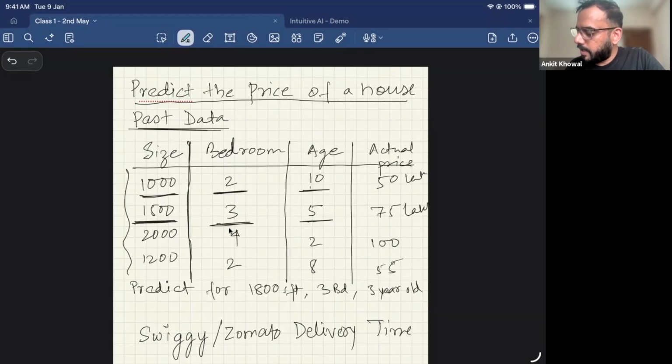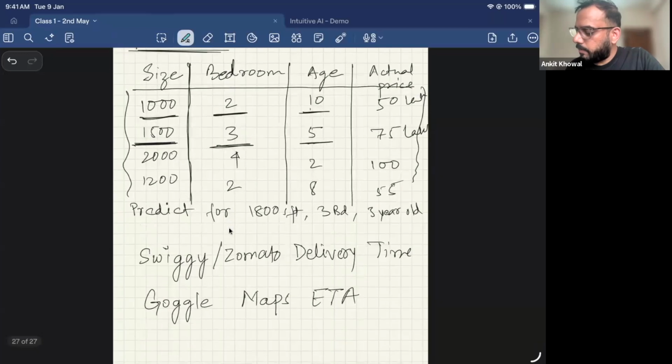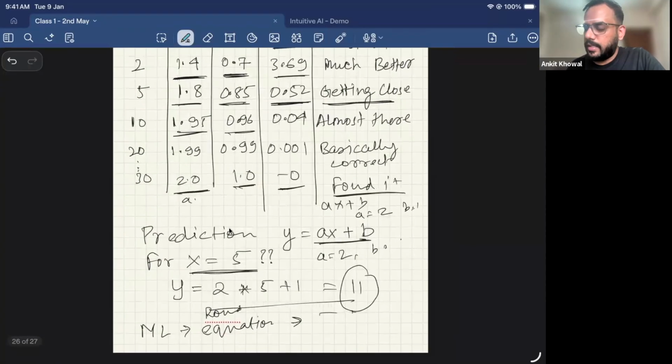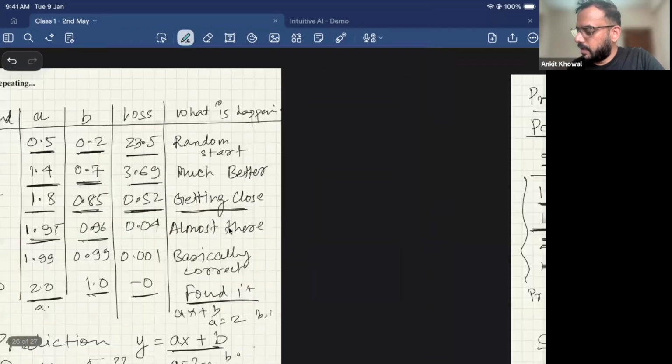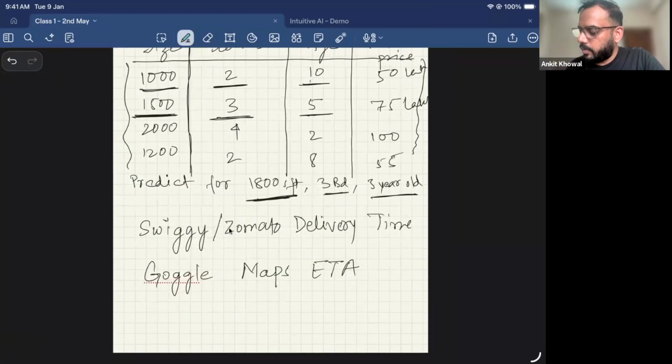So this is my past data, and now I will tell it to predict the price of an 1800 sq ft flat which has 3 bedrooms and is 3 years old. It will do this whole process that I explained earlier, and it will give you the right answer. This is how machine learning algorithms work.